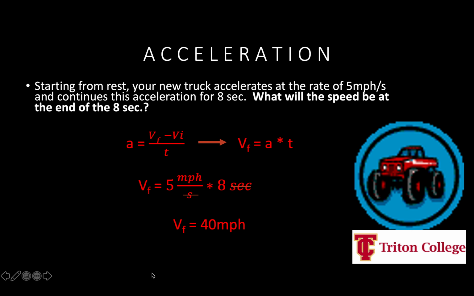At 1 is 5, at 2 is 10, at 3 is 15, at 4 is 20, 5 is 25, 6 is 30, 7 is 35, and at 8 seconds it's 40 miles per hour. That's how you get from 0 to 40 miles per hour in 8 seconds, by speeding up 5 miles an hour each second.